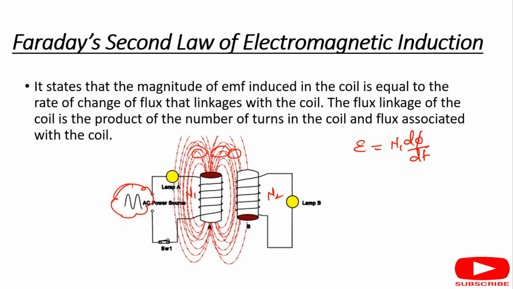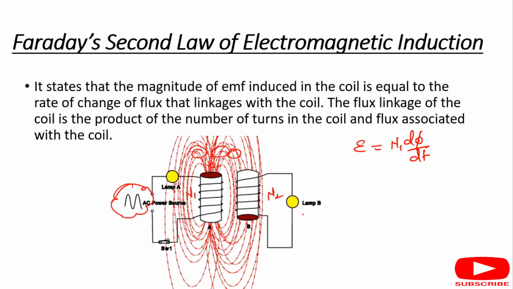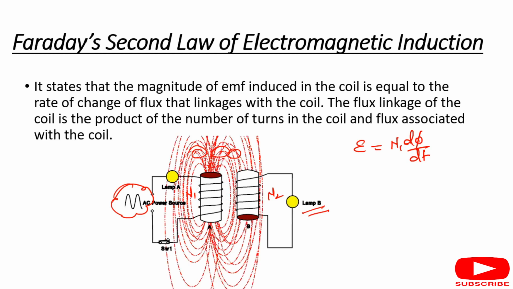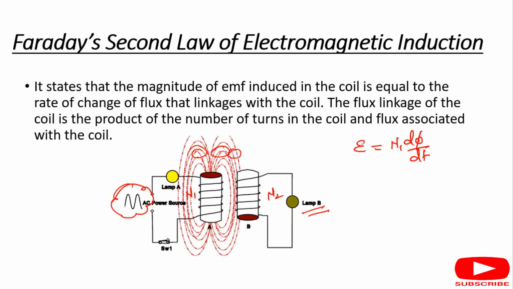When the flux is linked in coil B, at that time lamp B will turn on; otherwise lamp B will turn off. At what time is lamp B turned off?